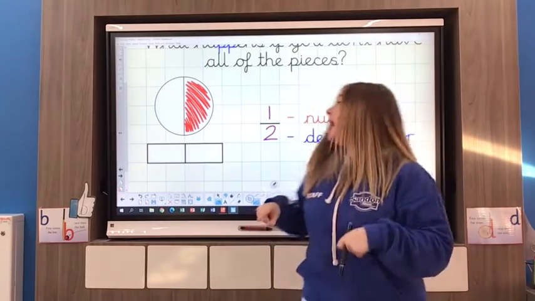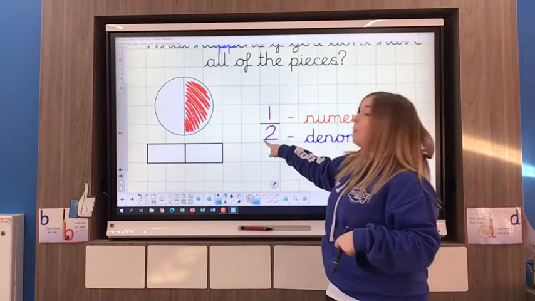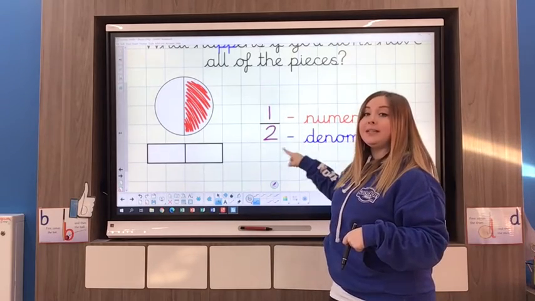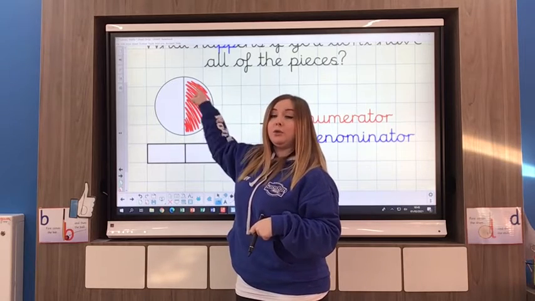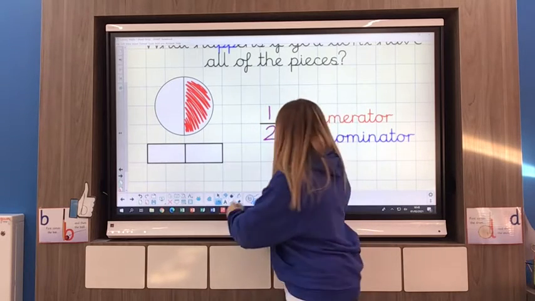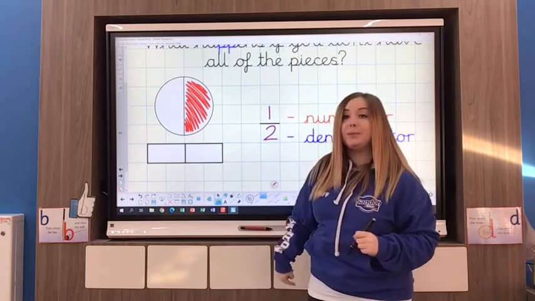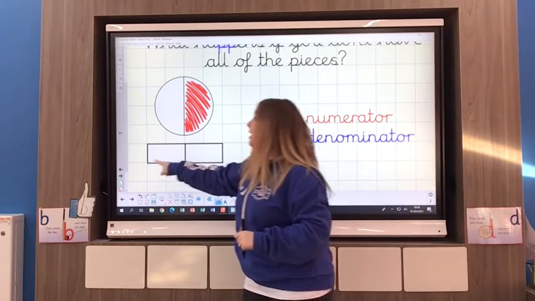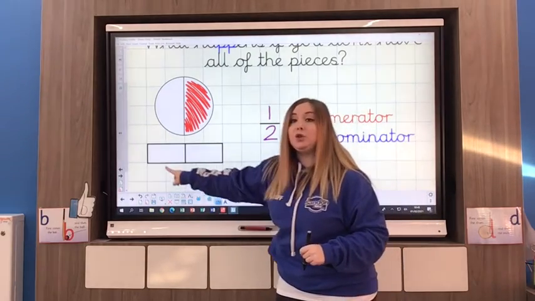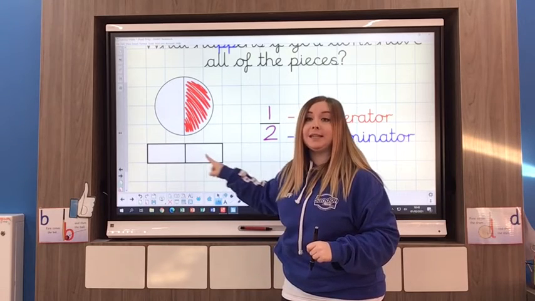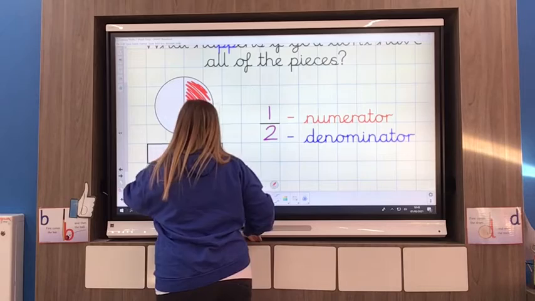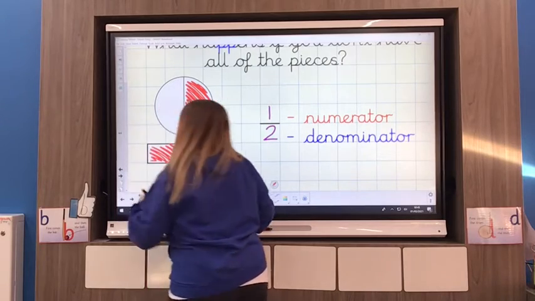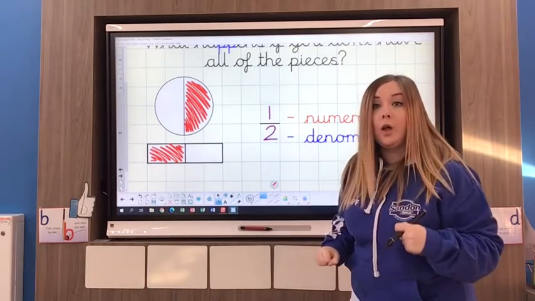Now here, I've represented 1/2, because that's how we say it, 1/2 with a circle diagram. But we can also represent it this way as well. I've got my whole, and it's split into 2 pieces, and out of those 2 pieces I've got one of them.